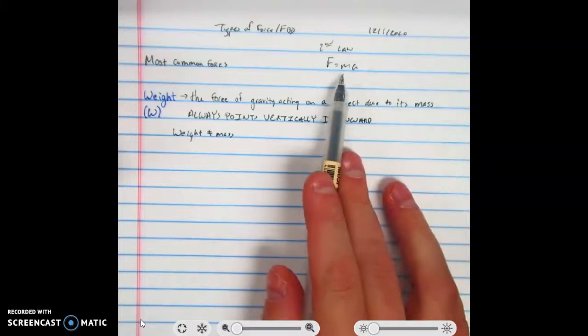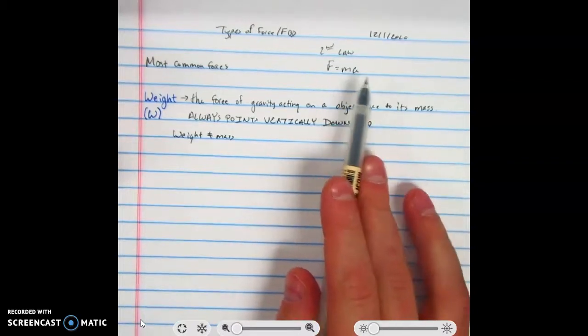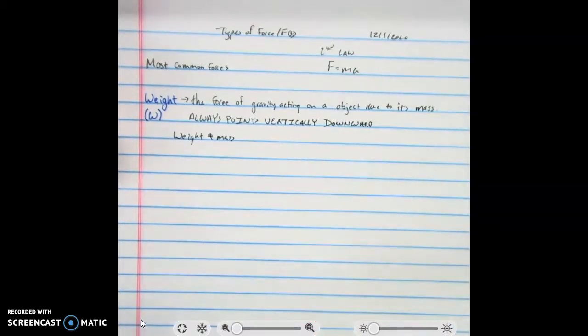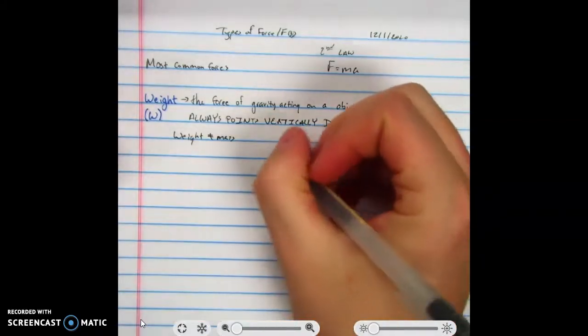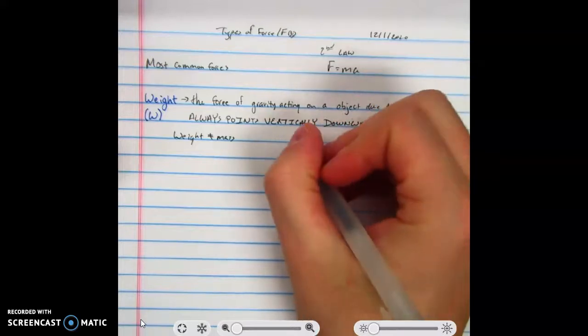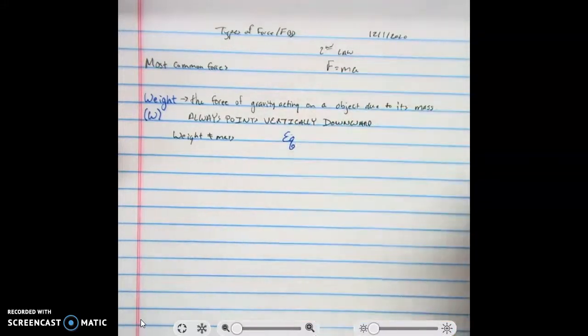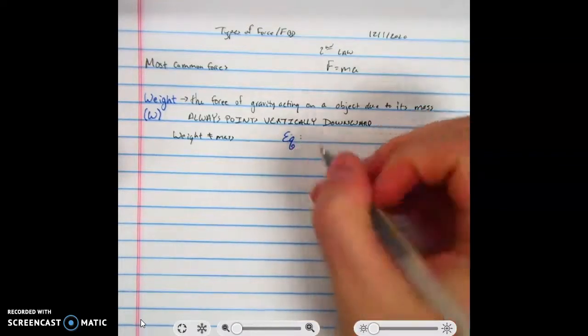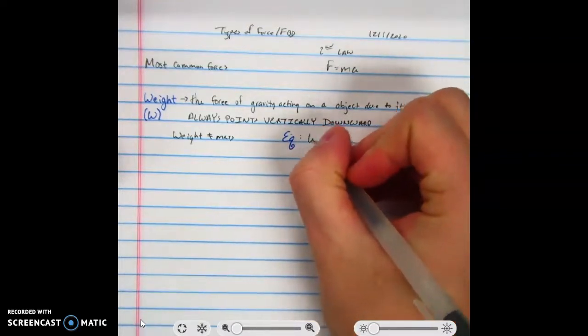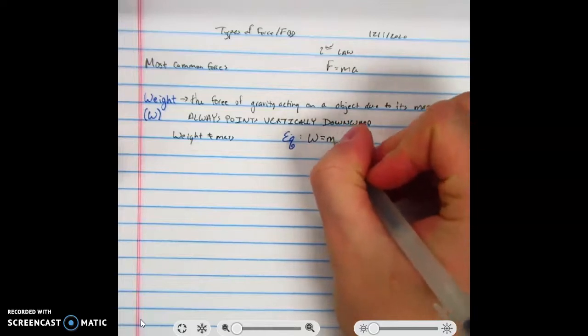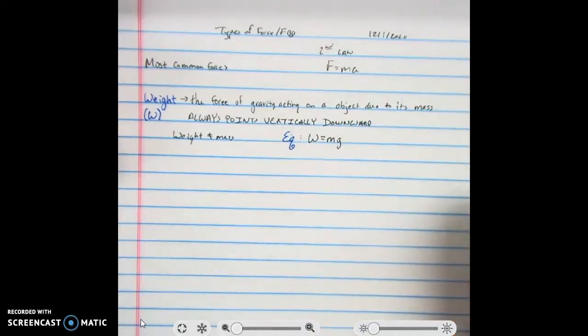When you think about it, you have mass, and gravity we know as an acceleration. So the equation for weight, which I'll write in blue, is as follows: W equals mg.